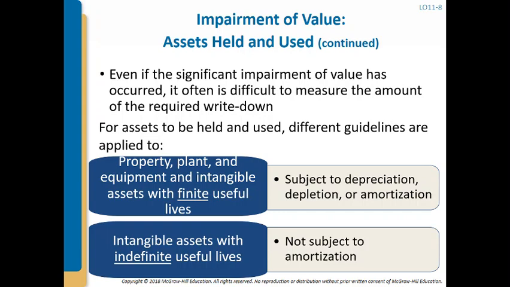Now, it is difficult to measure the amount of the required write-off, so you have different rules depending on whether you're dealing with property, plant, and equipment and intangible assets that have finite useful lives, versus intangible assets with indefinite useful lives, because that last category is not subject to amortization.